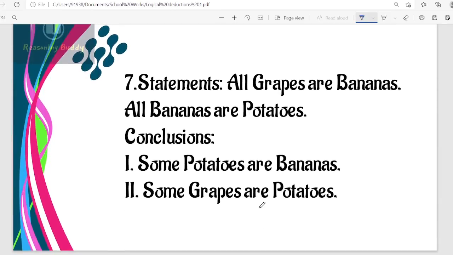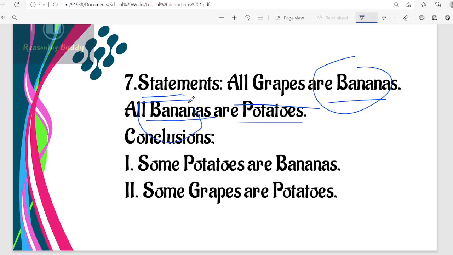Next statement. All grapes are bananas. All bananas are potatoes. So common term is bananas. It is distributed at least once. So first two rules are satisfied. The third rule does not work. Up to six rules, there will be no results. So go for the seventh rule, that is non-distributed term.